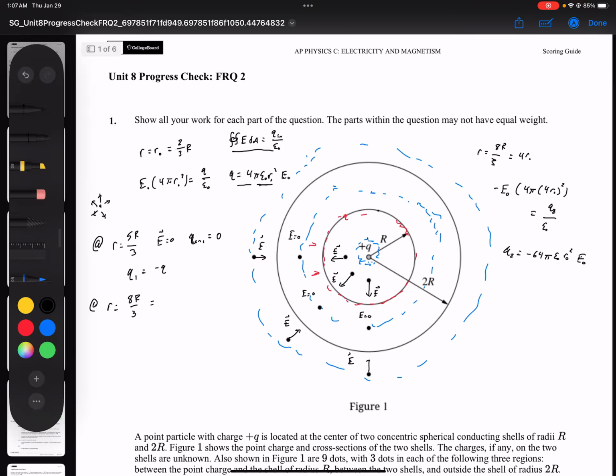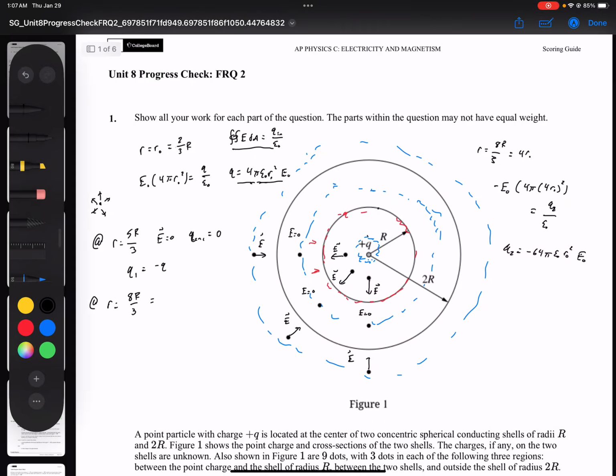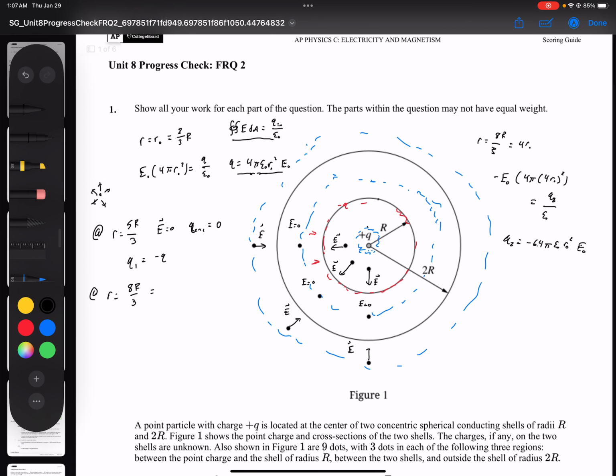So this here is the value of Q. And then we're going to figure out how much charge is on the outermost shell. Well, let's look. All the other terms are the same. How many times is 64 bigger than 4? So we know that has to be 16 times as large.